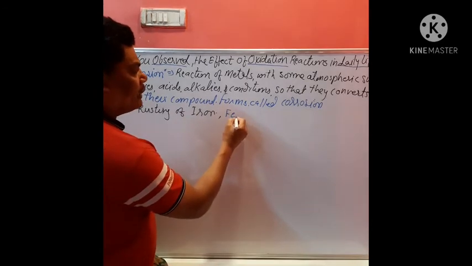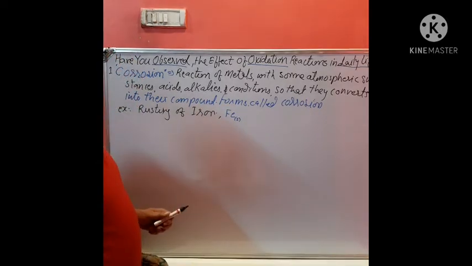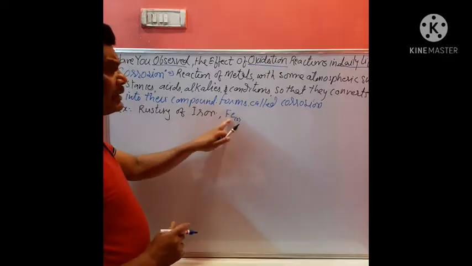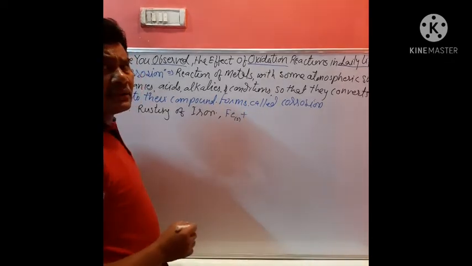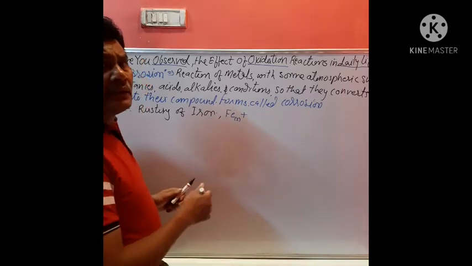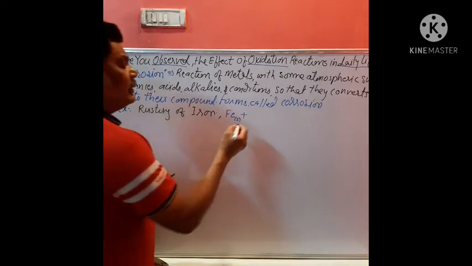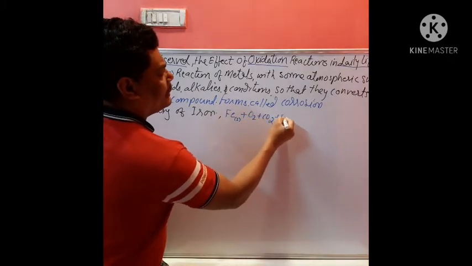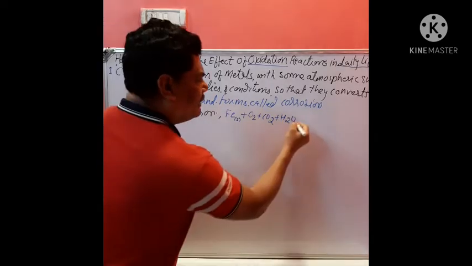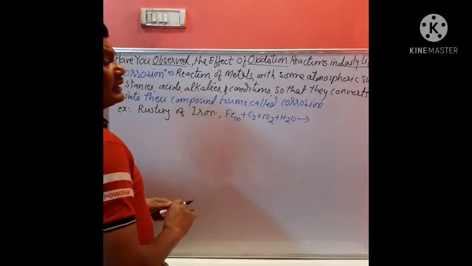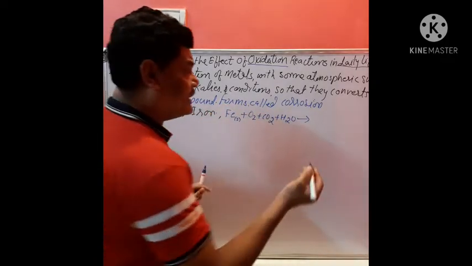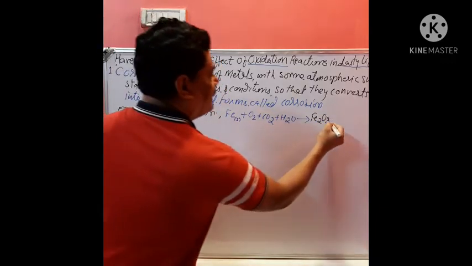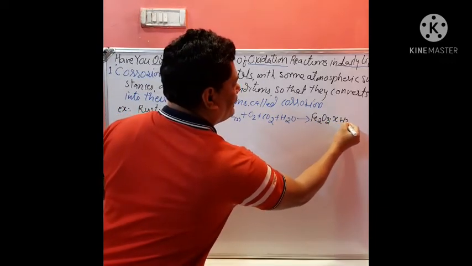When the pure Fe solid, or any article made up of iron, is exposed in the open atmosphere, where you can find O2, you can find CO2, you can find what? H2O. Then over time, it converts into a red brown color substance. This red brown substance is called Fe2O3.xH2O.